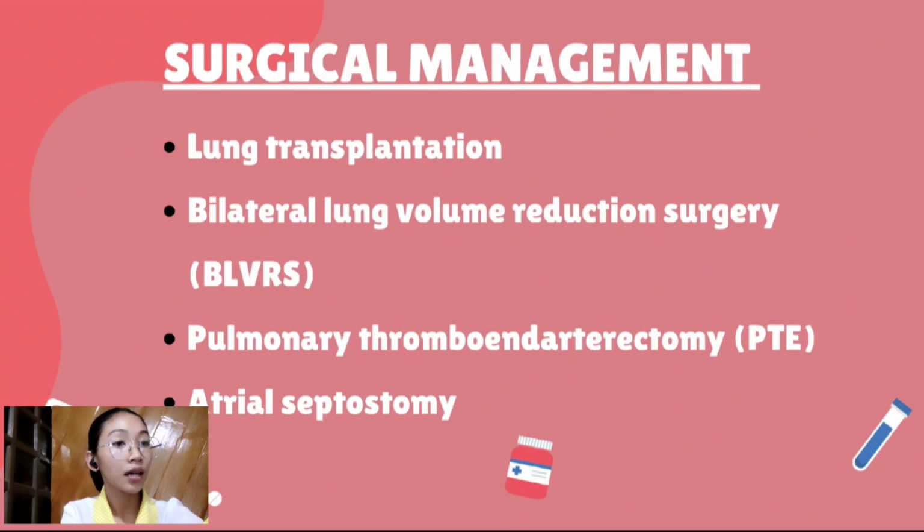And last is the atrial septostomy. In severe cases of cor pulmonale, especially when medical therapy is not effective, an atrial septostomy may be considered. This procedure involves creating an opening in the atrial septum to relieve right heart pressure.